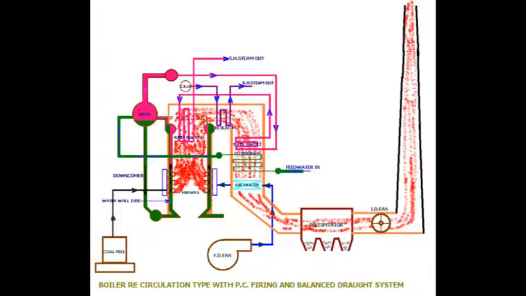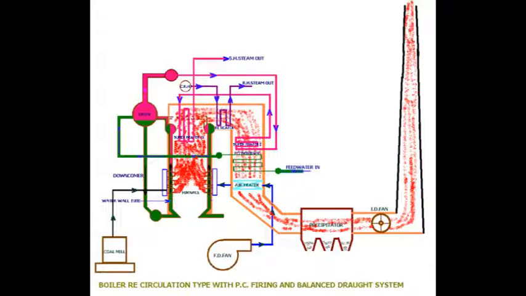In general, primary air is the air which is primarily supplied for drying the pulverized coal and carrying the pulverized coal to the burners so that it can participate in the combustion within the furnace. Besides that, this primary air provides sufficient oxygen for initiation of combustion.